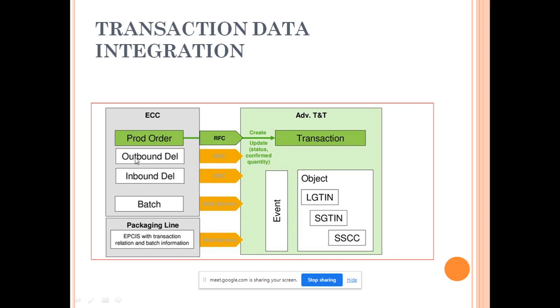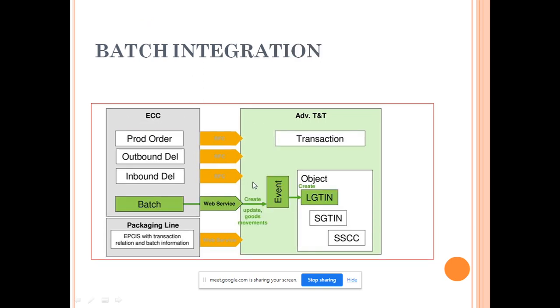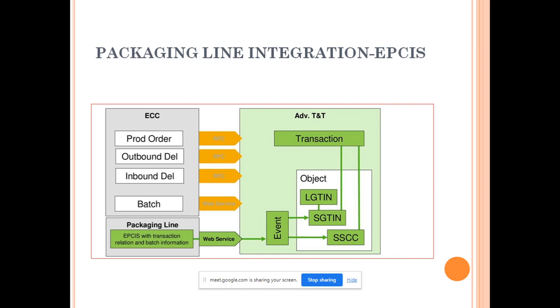Production order, outbound delivery or inbound delivery, and batch integration we can do from ECC to the ATTP system, and also from the packing line system to the ATTP system. The packing line system is going to request serial IDs against the GTIN, the global trade item number, and based on that request, the ATTP system is going to respond back to the packaging line.